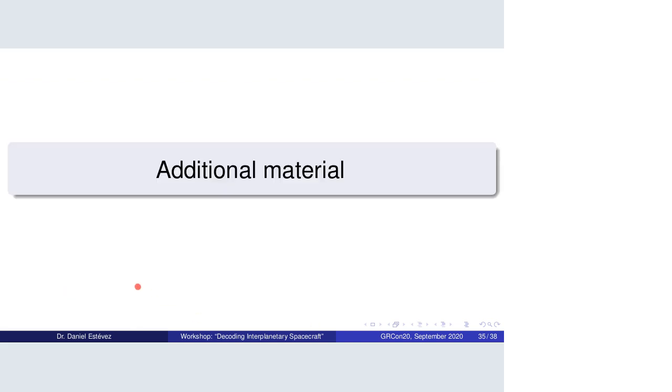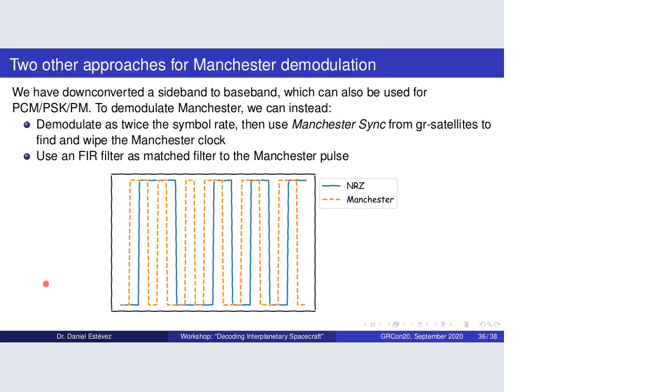What else? Nothing else. I had some additional material, and this was mainly intended in case I had lots and lots of remaining time. What this is about is, well, we've seen here one approach of decoding Manchester modulation, which is used in many other contexts besides deep space spacecraft.